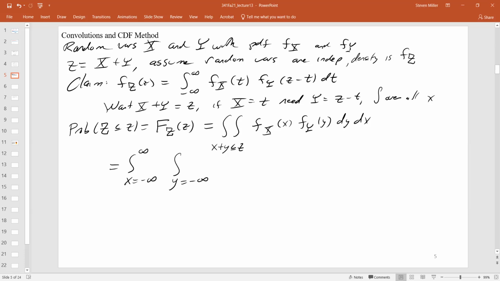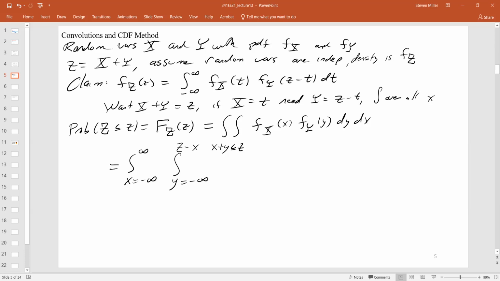If I give you a value of x, how large can y be? z minus x. Y can get as large as z minus x. If y was larger than z minus x, then I might be going too far.